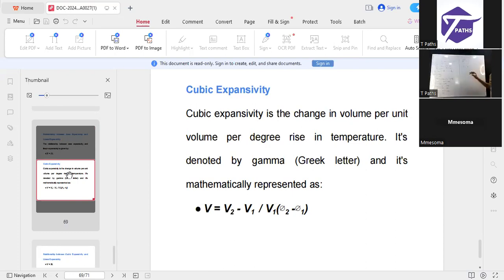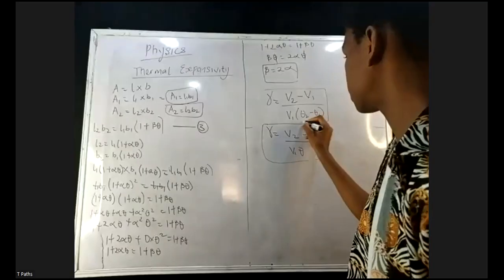So here is my cubic expansivity or volume expansivity. This is the formula for cubic expansivity or volume expansivity. So now I can also say cubic expansivity is equal to V2 minus V1 over V1 theta. All right. So these are the two formulas for cubic expansivity or volume expansivity.